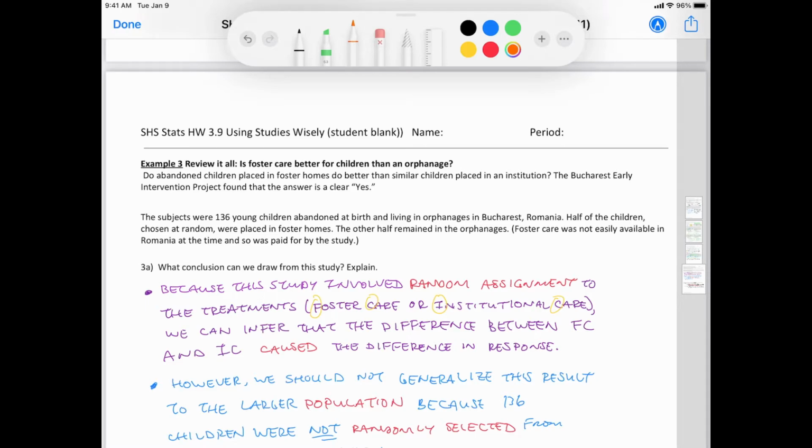Is foster care for children better than an orphanage? Do abandoned children placed in foster homes do better than similar children placed in an institution?